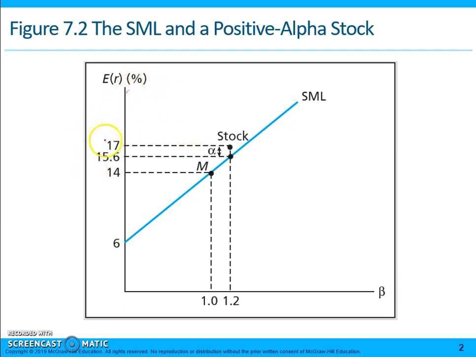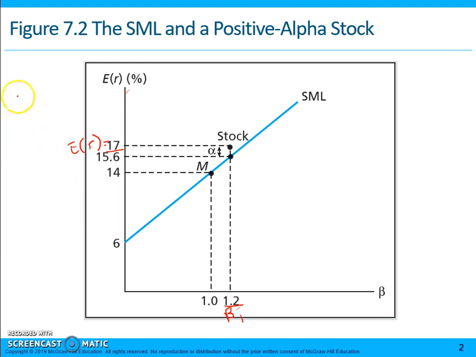we've got a stock with an expected return of 17% and a beta, call that beta 1, of 1.2.